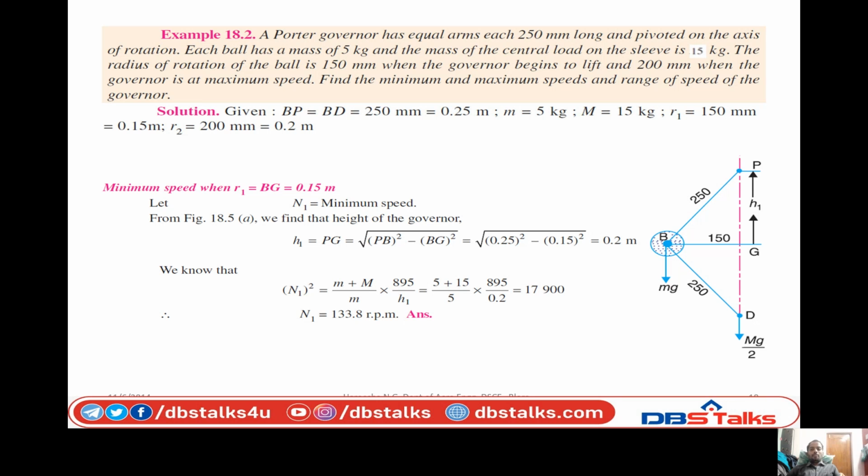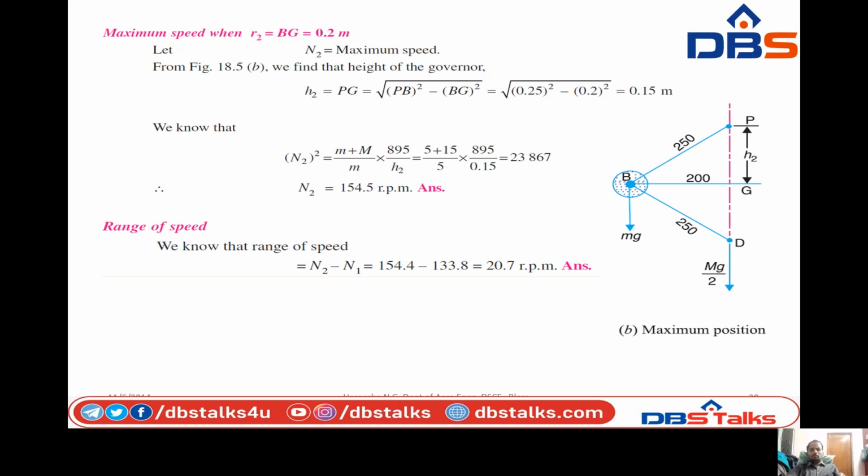So with that, one is for maximum speed, another one is for minimum speed. So the diagram will be like this. The B to G, see here, that is the minimum or maximum speed. Okay, this is the diagram for that.